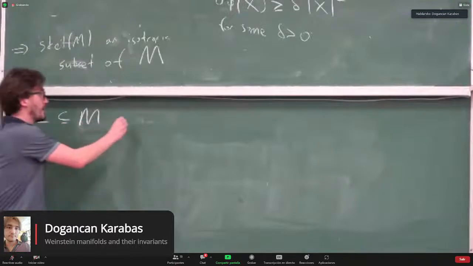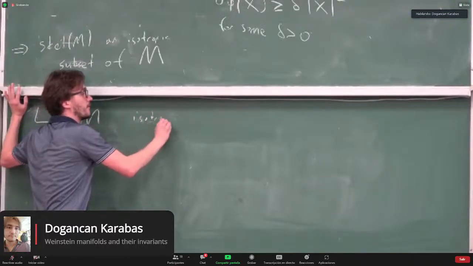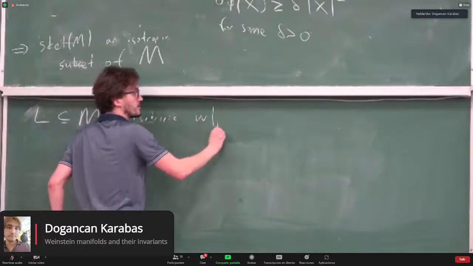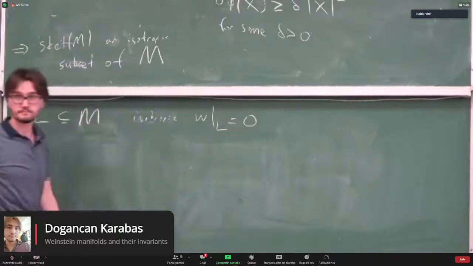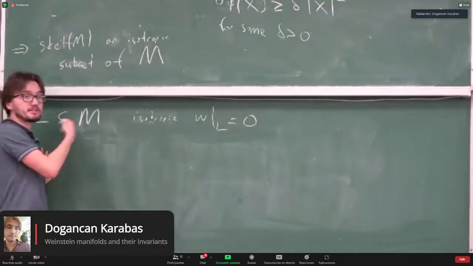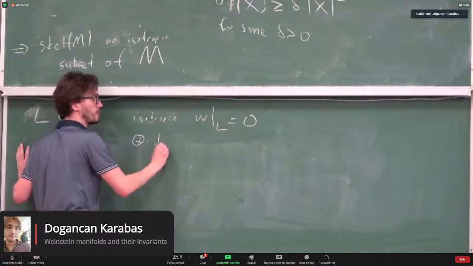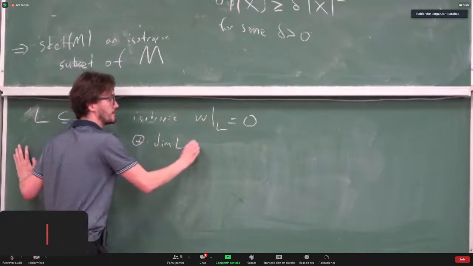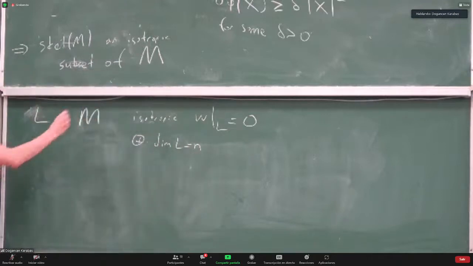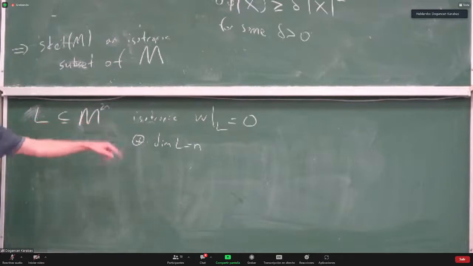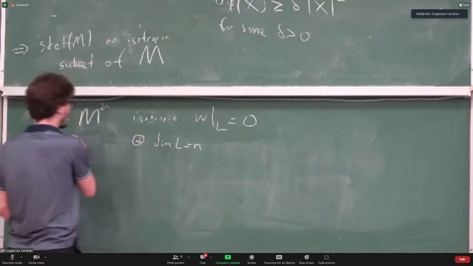So a subset is isotropic if the symplectic form vanishes on it. Furthermore, if its dimension is n, where N is 2n dimensional, this n-dimensional isotropic subset is Lagrangian.